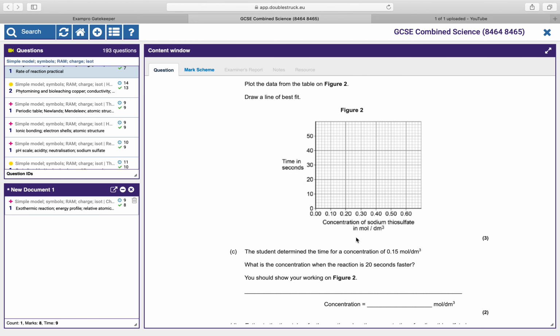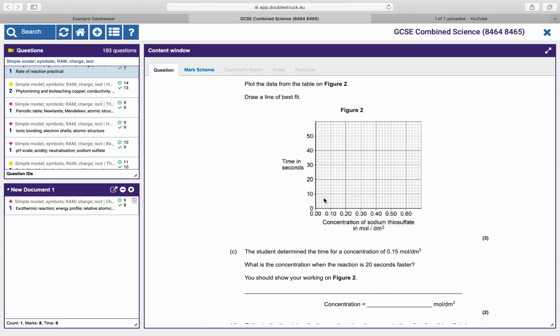Okay, what is the concentration? It tells you the student determined the time for a concentration of 0.15 moles per decimetre cubed. What is the concentration when the reaction is 20 seconds faster? Here it says you should show your working on figure 2. So show your working on the graph.